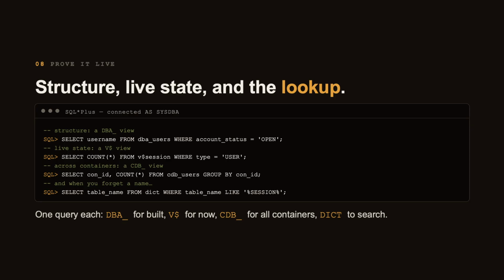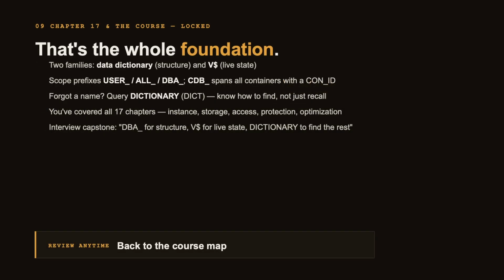And when you blank on a name, DICT, the short form of DICTIONARY, lets you search. Here I'm hunting for anything with session in it. Four queries, four ideas: built, now, all containers, and search. That's the entire reference toolkit in one screen. Master this pattern, and you'll never be stuck. When someone asks how you check something, you'll just reach for the right family and go.